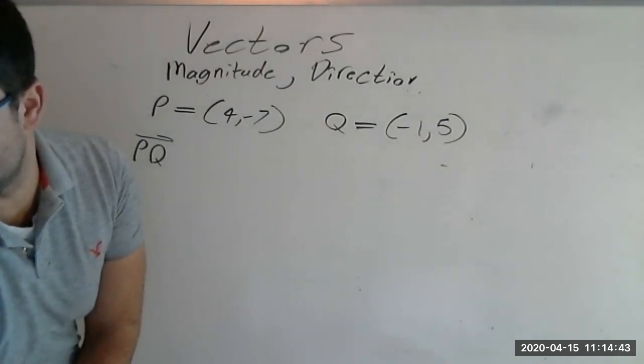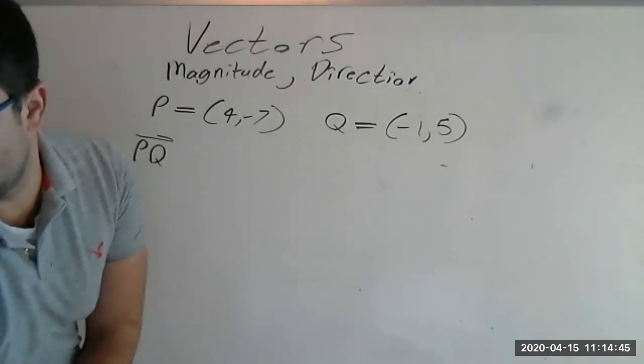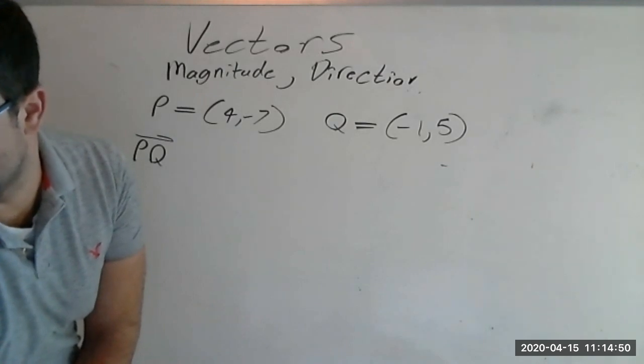All right. What is the component form of this vector?